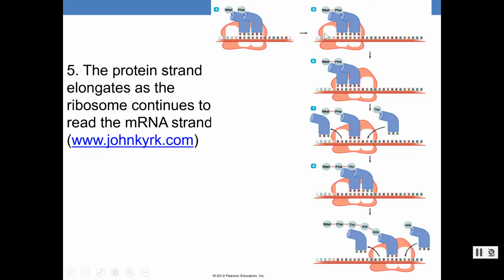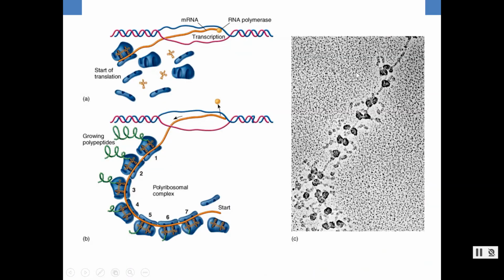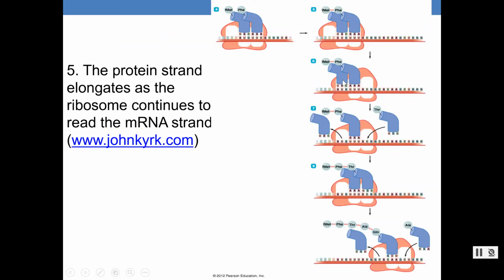Everything kind of shifts over, and you can see the tRNA that originally brought in methionine is now in the E exit window. The tRNA that now has the growing polypeptide chain has moved into the P window, and my A window is now open. So the ribosome has moved across the mRNA, and now I have an A window open.